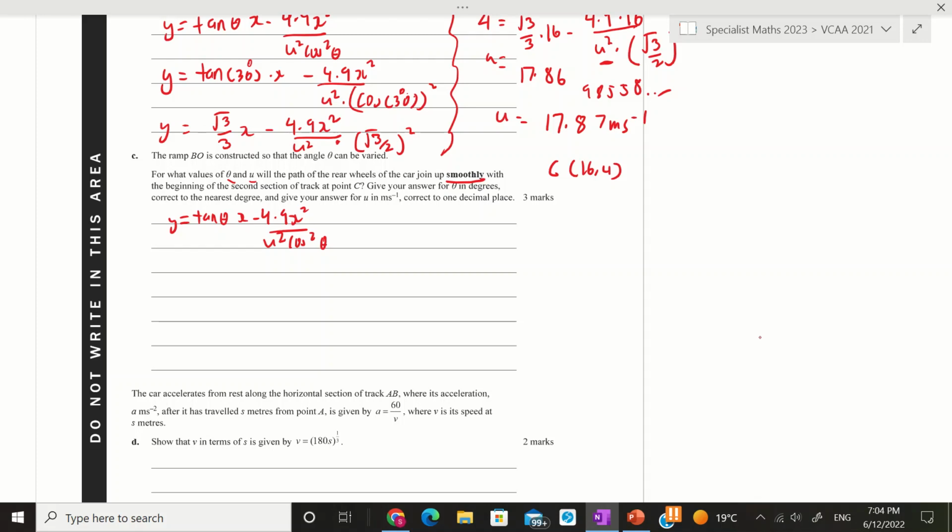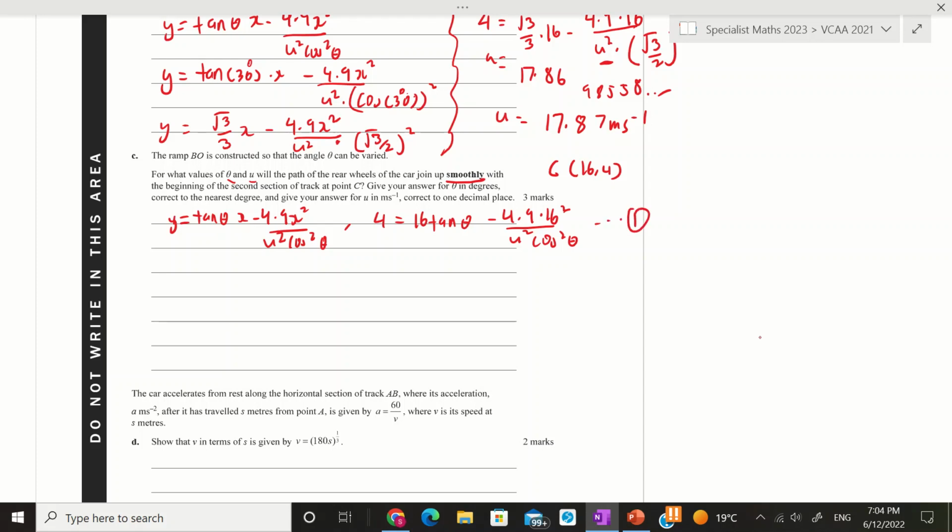If I sub in the point 16, 4, I get my first equation, which is 4 = 16 tan theta − 4.9 × 16² on u² cos² theta. Cool, that's the first bit. That's going to be our first equation.